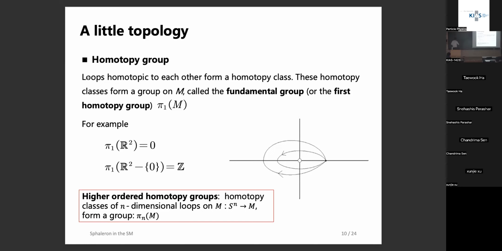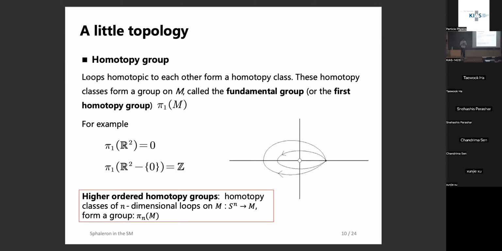However, if you take off one point in the plane, that is quite different, because when you draw some loops which include this removed point, then you move one cycle, two cycles, or n cycles.